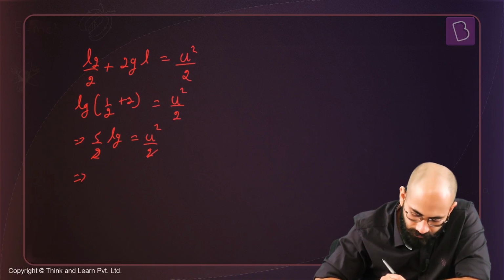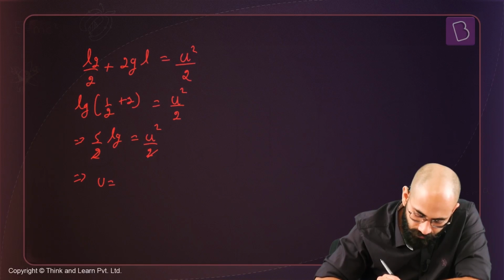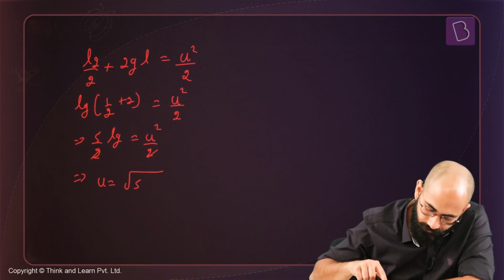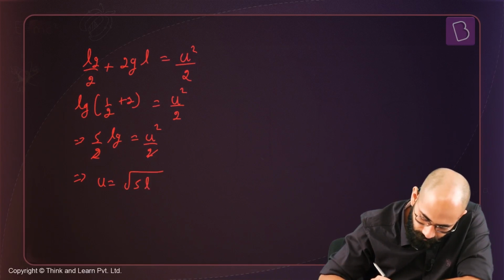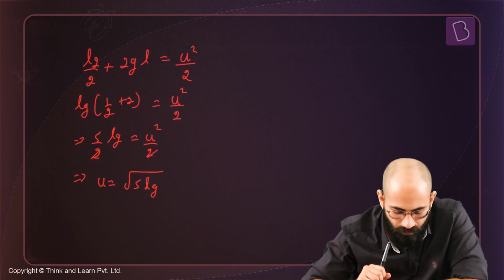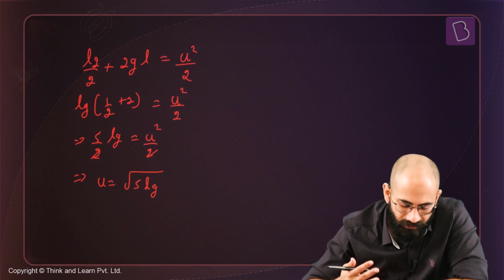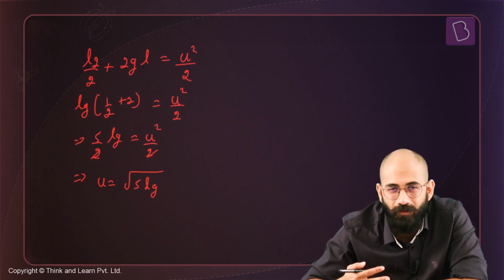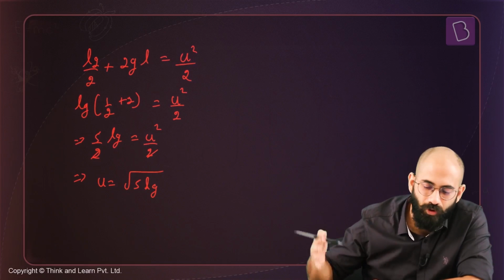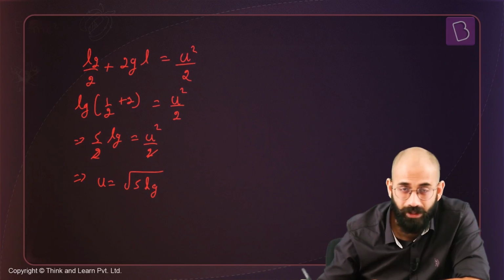This gets cancelled, and then u is equal to root of 5 Lg. So the initial speed that the ball requires is root 5 Lg. I know this is something that we use as a formula. In this video, it's better to go through this process because it helps you understand.